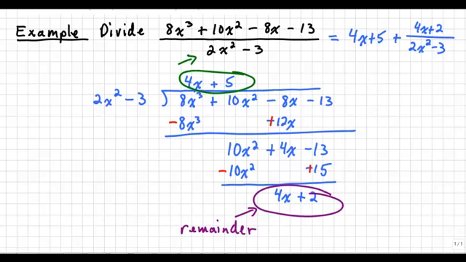So hopefully that helps. Remember, you want to be able to divide any kind of polynomial, regardless of what the degree of your denominator is. So you're not going to always be able to use synthetic division. So be able to do it both ways, not just with synthetic division.